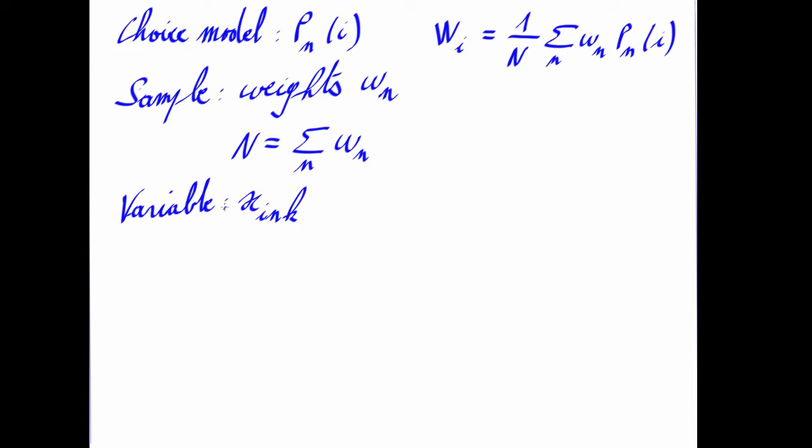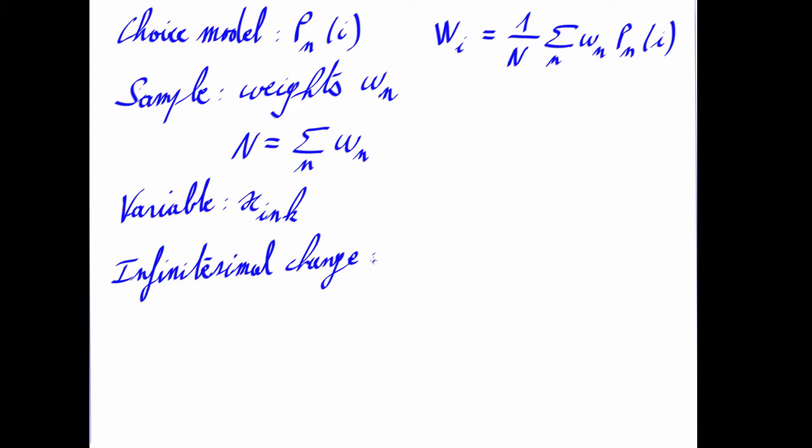Now we would like to anticipate the impact of an infinitesimal change of this variable on the choice and on the market shares. To do so, we will assume that the relative change of this variable is the same for every individual.